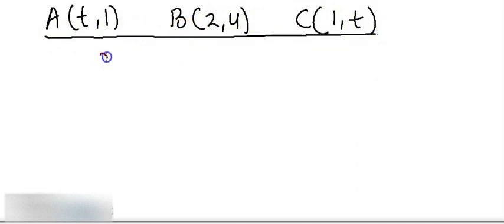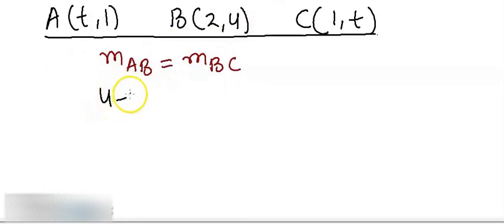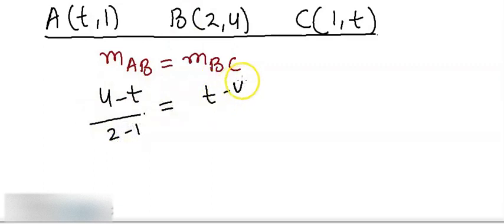So for collinearity, the slope of AB should agree with the slope of BC. So the slope of AB is going to be 4 minus t divided by 2 minus 1, which equals the slope of BC, which is t minus 4 divided by 1 minus 2.